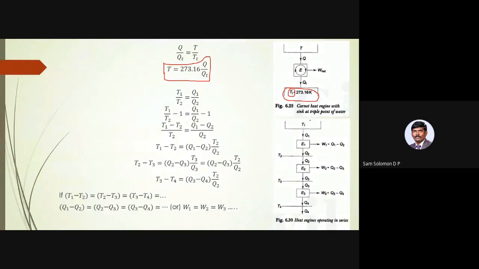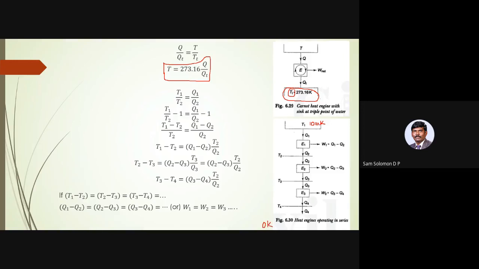And say it is going to operate between, say, a fixed temperature 100 degrees centigrade to 0, or let's say 100 Kelvin. It is going to operate between 100 Kelvin and 0 Kelvin. The last temperature sink is going to be 0 Kelvin.